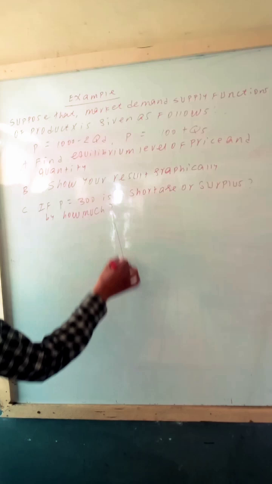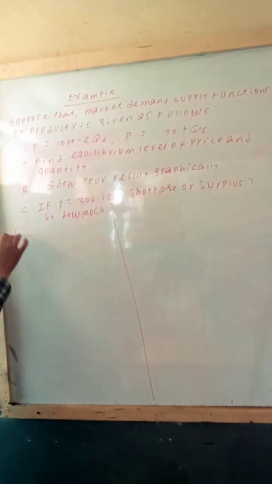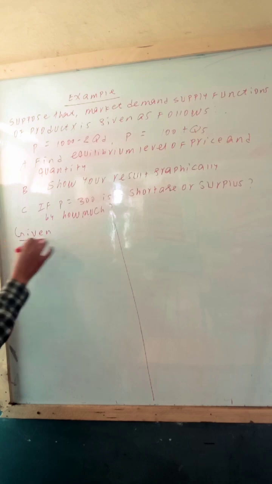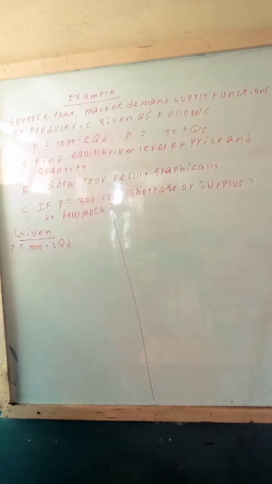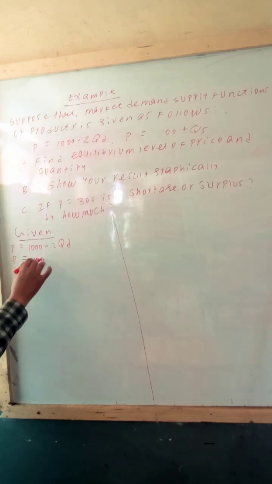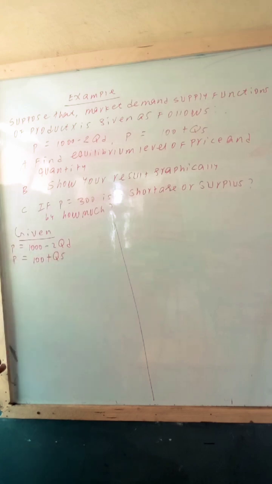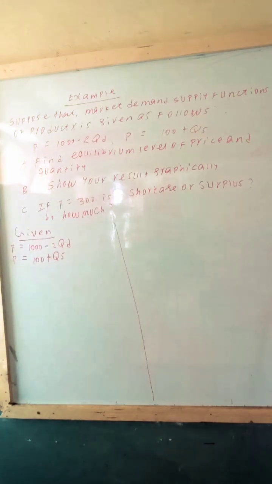Therefore, to calculate this, we take out what is given. We have P is equal to 1000 minus 2QD. Then the second one, P is equal to 100 plus QS. So these functions are the indirect demand function and the indirect supply function.